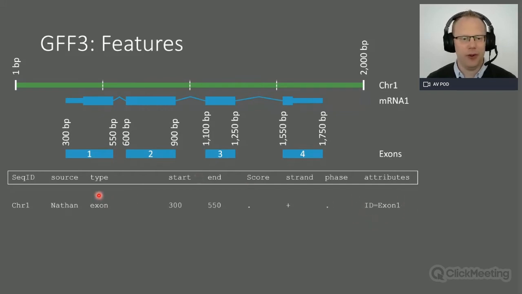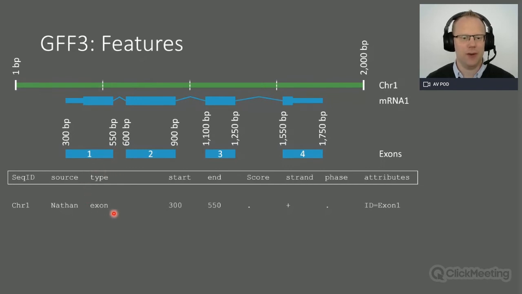And then we have a few other columns. Source here is the source of this feature: who came up with or defined this feature. In this case, it was me, so I've just put my name in. Source is a free-form text field, so you can essentially put anything you want in there. However, type is a tightly controlled field.